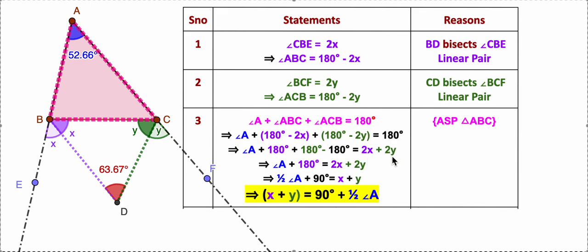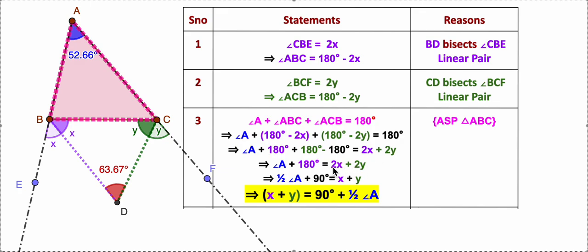Negative 2y becomes positive 2y because इनका भी side change हो गया. ये left hand side से right hand side आ गए. Now, this is plus 180, this is minus 180. So, they get cancelled to each other. We are left with angle A plus 180 on the left hand side and 2x plus 2y on the right hand side.